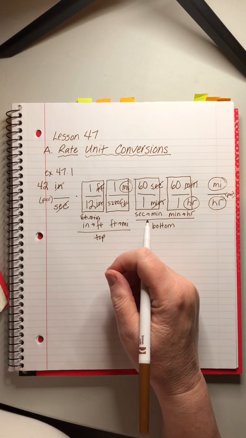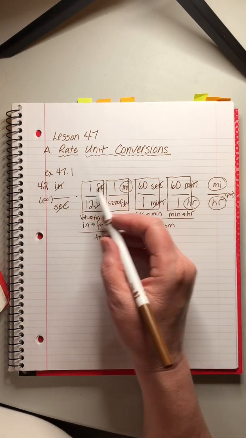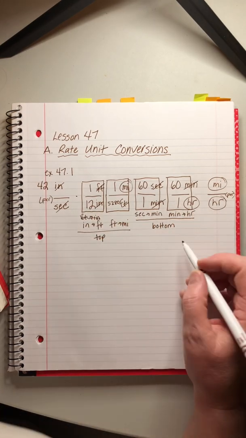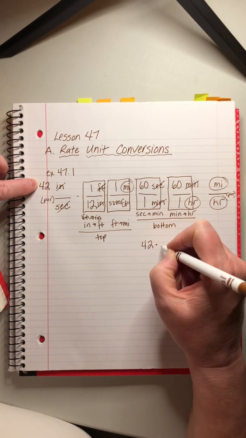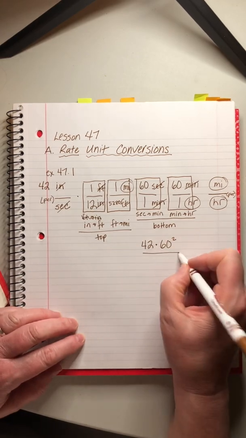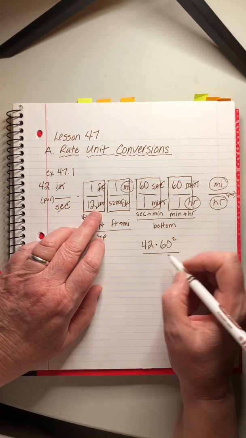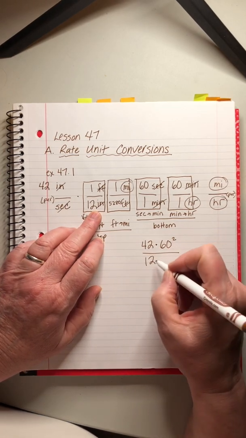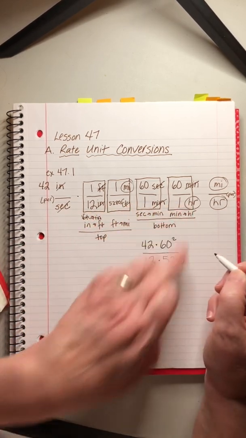I do. Okay, and so now for our final answer, we're just going to pull all these numbers. John sometimes shows the 1, and I think he's just being a little try hard when he does that. I leave the 1s out. The answer is going to be 42 times 60, and we can write 60 squared, over 12 times 5280, and then we just have 1s there, right?